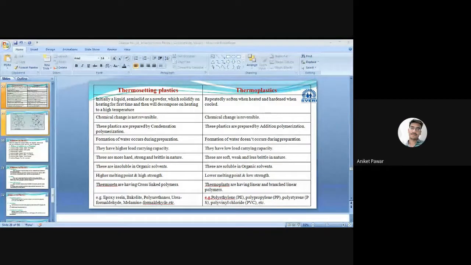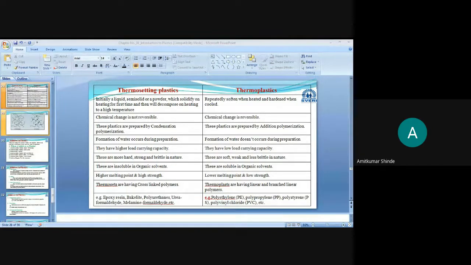Yes, sir. Whether the diagram is visible on screen? Please confirm that the diagram is visible on screen or not. Anyone, please provide me a reply whether that diagram is visible. No, sir, not visible.